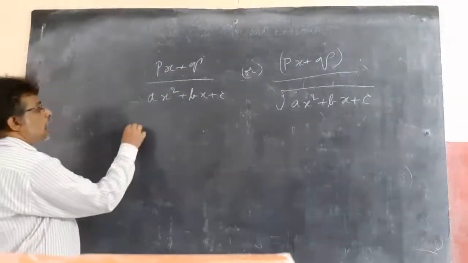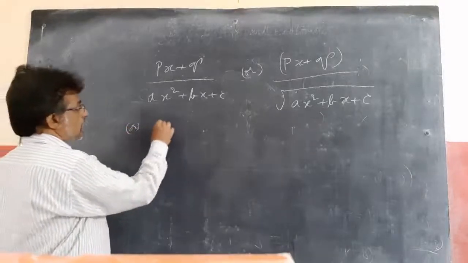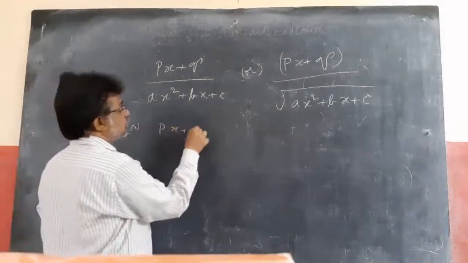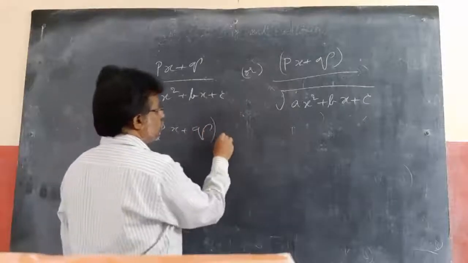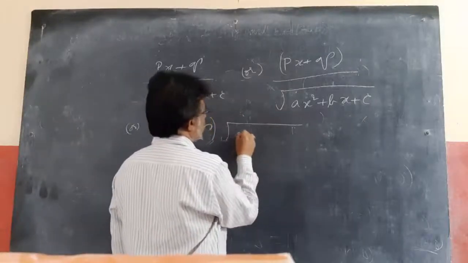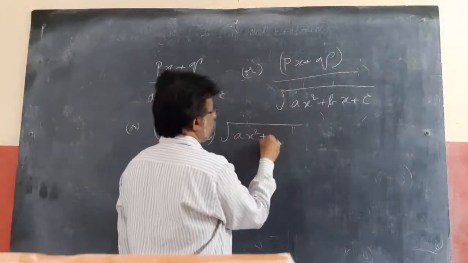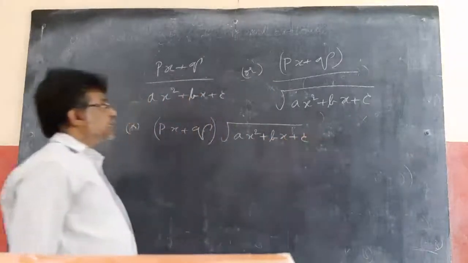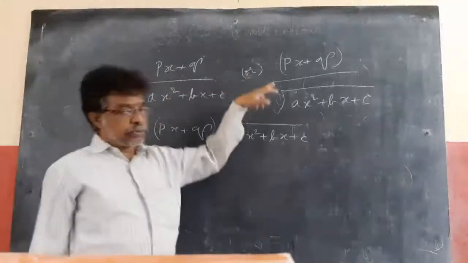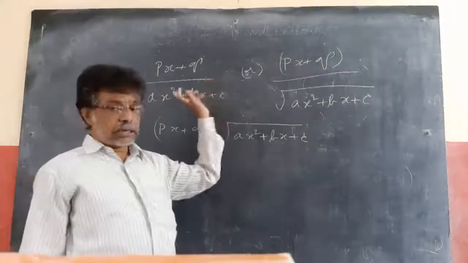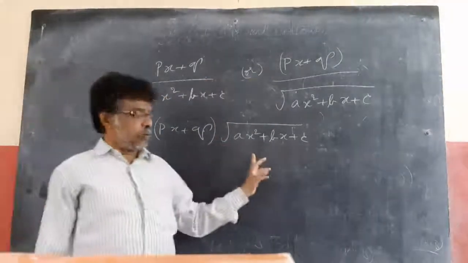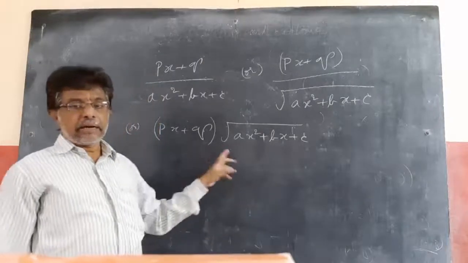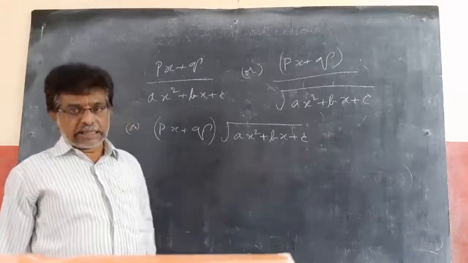Or px plus q into root of ax square plus bx plus c. See, the first two are divided, with or without the root, and in the last one both are in the numerator, not in the denominator.